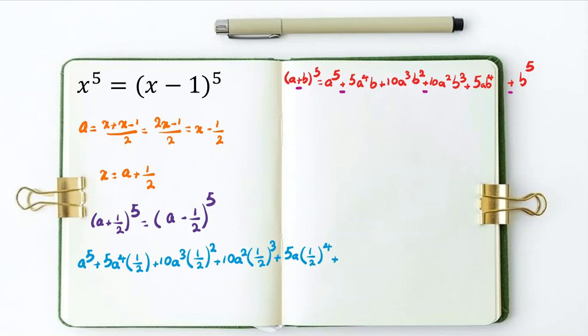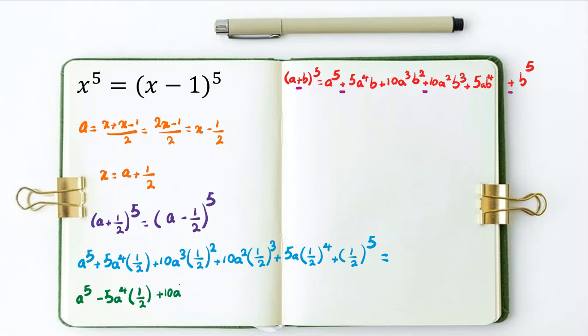Last part is plus 1 over 2 to the 5. It is equal to, let me write the other side in another color. It will be a to the 5. As you can see here, we have minus for all these things, because instead of 1 over 2, we should place negative 1 over 2.